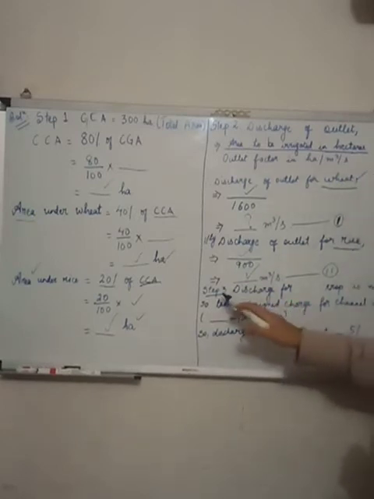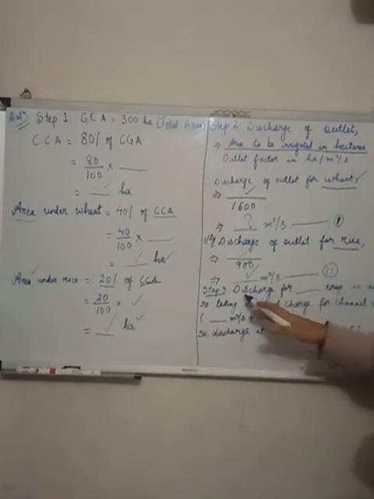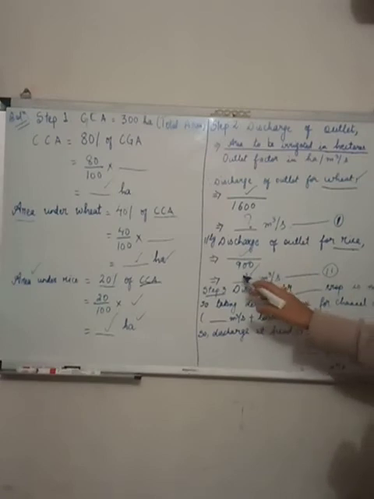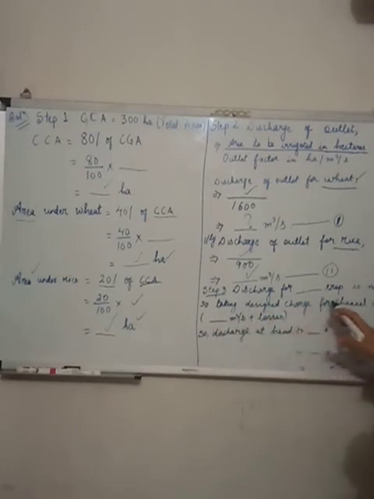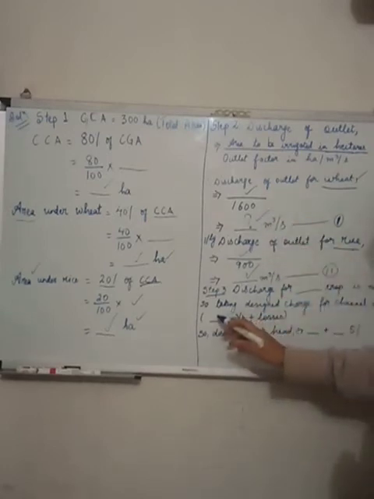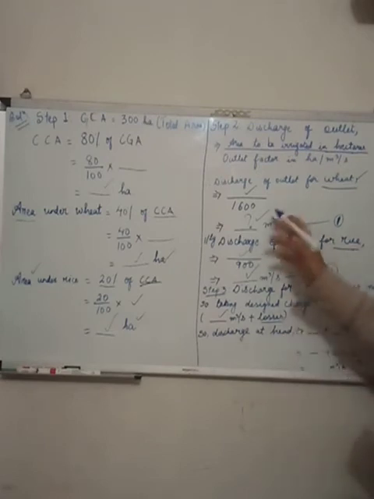So in step 3, assuming the discharge for wheat, the value you got, is greater compared to equation 2. So the discharge for wheat crop is more, so taking the discharge for the canal as whatever value you get here, you write it here, plus the losses, how much losses is given in the question.